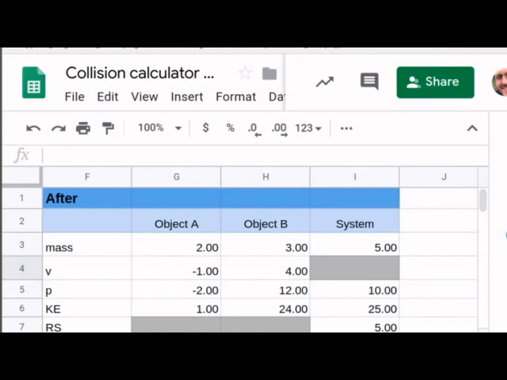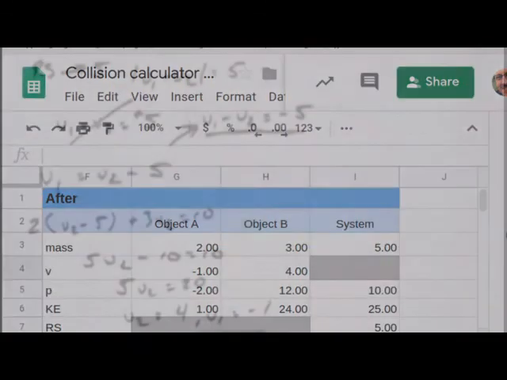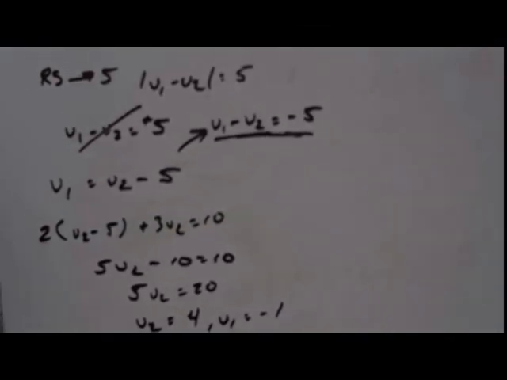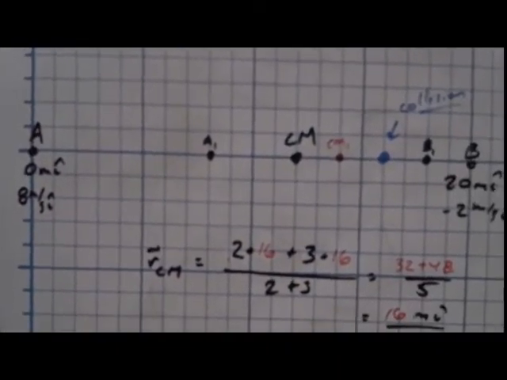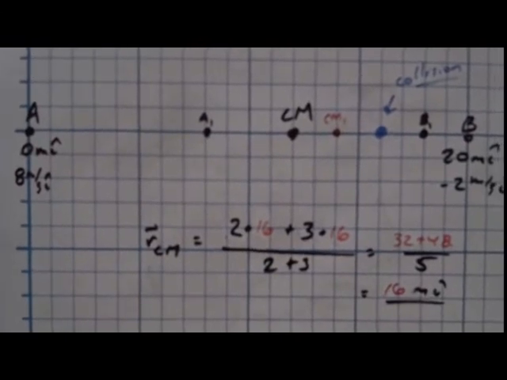So then let's go back over to the whiteboard and our picture of the collision right here. So what happens after that collision? Object A turns around and goes negative 1 meter per second. Object B turns around and goes plus 4.